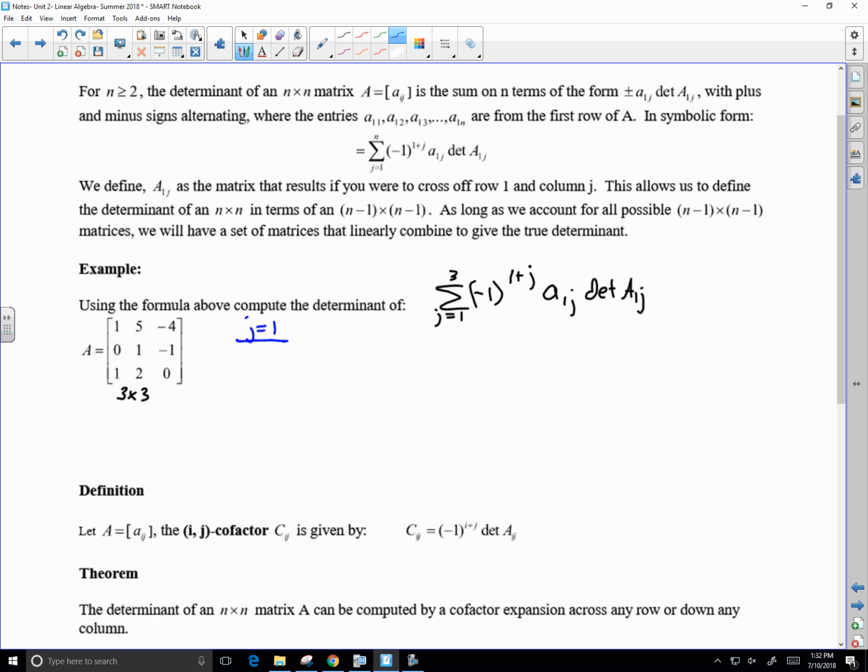We'll just focus on the entry, because we're going to sum all this up later on. You would have -1 to the 1 plus 1 power, a sub 1, 1, determinant of A sub 1, 1.